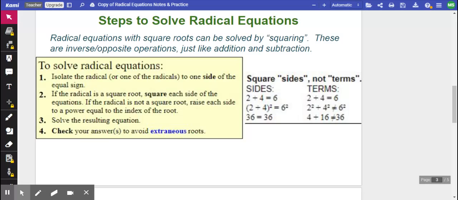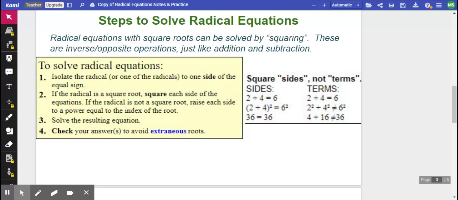And this is something you want to be careful with because there's a lot of opportunity for a common error to happen. If you look over to the right side of the slide, we have a correct version and an incorrect version of squaring both sides. And this is especially difficult when you have more than one thing. On the left-hand side, we see 2 plus 4 equals 6. If I wanted to square both sides of this equation, I would square the quantity of 2 plus 4, so I would have to add them together to make 6, and then square it to make 36.